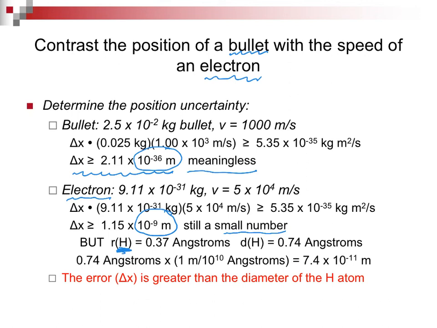It has a radius of 0.37 angstroms, a diameter of 0.74 angstroms, and when I convert angstroms to meters, I come up with 10 to the minus 11 meters. Well, to be honest, the error using the Heisenberg uncertainty principle is greater than the diameter of the hydrogen atom. So that's proof that the Heisenberg uncertainty principle does exist.